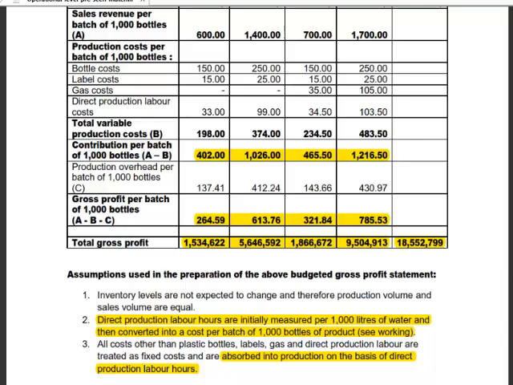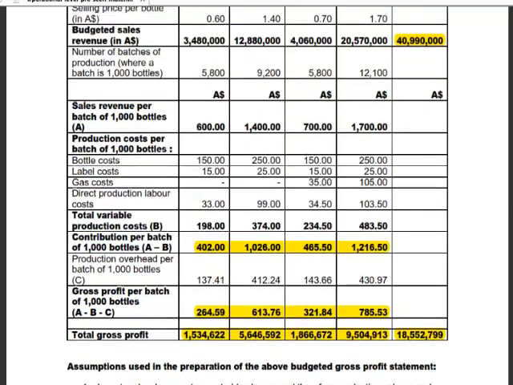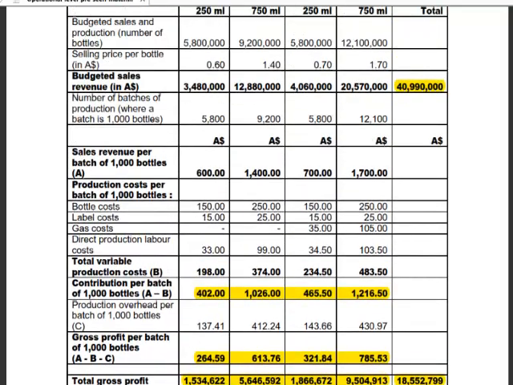And if we take a cursory glance at the contribution per product, and work those out very quickly, we can see that the contribution for still 250 millimeters is about 67%. The 750 mil is about 73% of sales. Sparkling is 66%, 72%. So they look consistent.